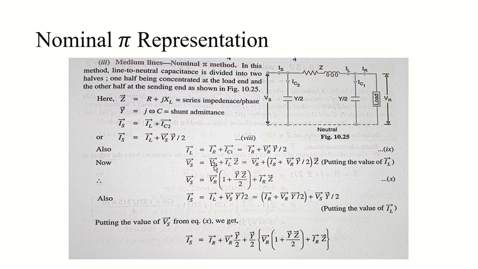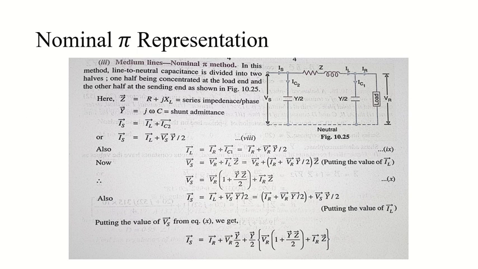See, this is the first one, this is the second one, and this is the third one. We took VR common, and we simplified it. So we got VR multiplied with 1 plus yz divided by 2, and the other entity was IR.